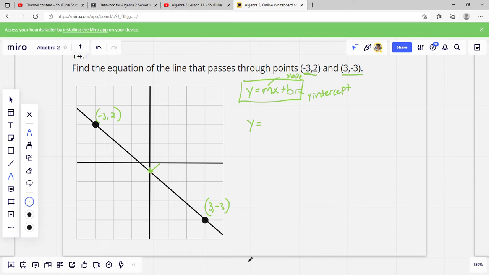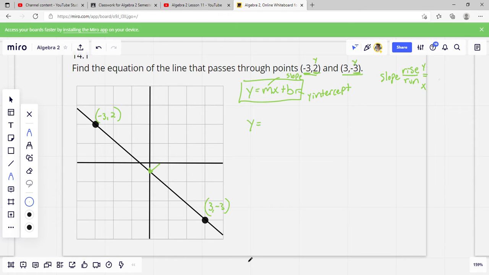So I could just think about this in my head. Remember, our slope is rise over run. Our rise is going to be our y, so that's going to be our change in y, and our run is our change in x, right? So if I have my y right here, and I went from 2 to -3, I went down 5.